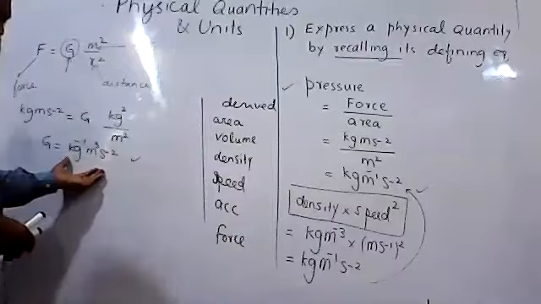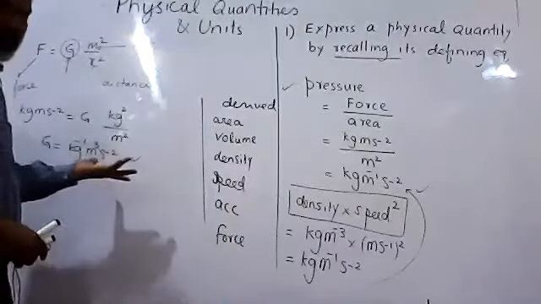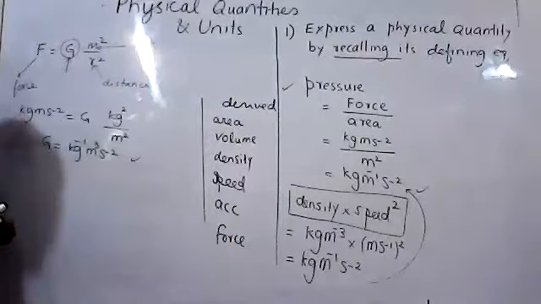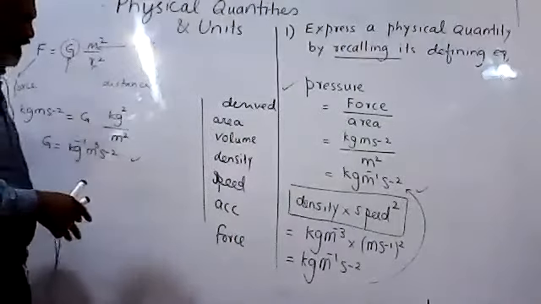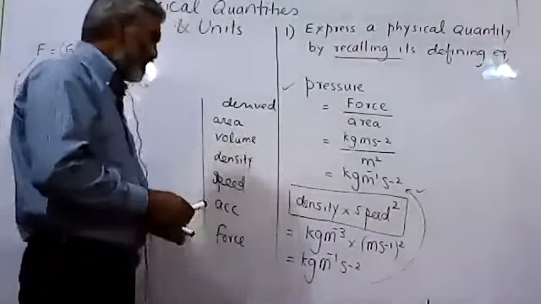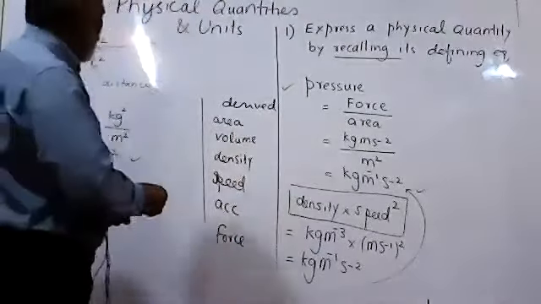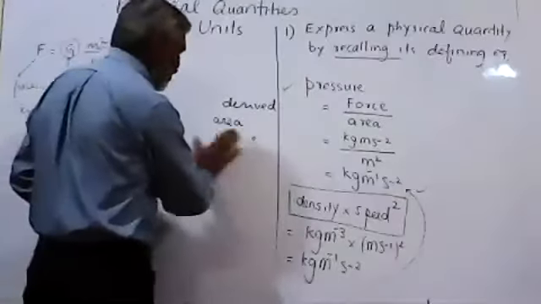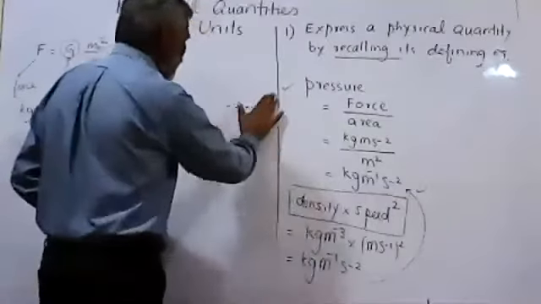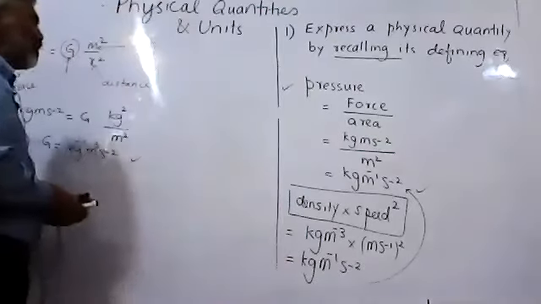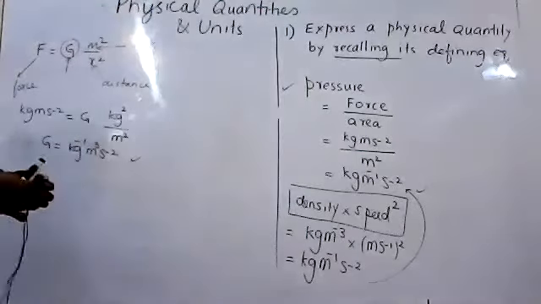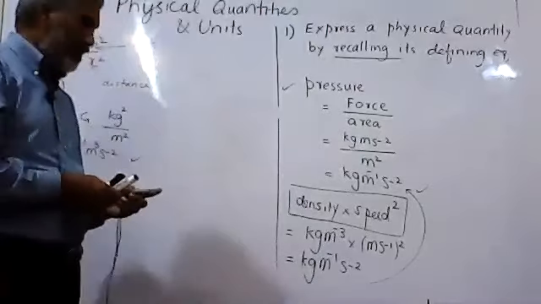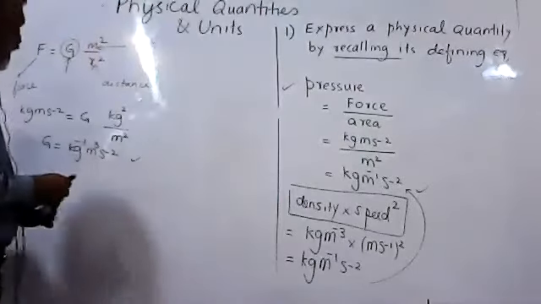So we don't know exactly what quantity it is, but the dimensions are considered correct as long as the mathematics of this equation is fine. So these are three important types of questions which appear in the exam related to this topic, which is expressing quantities in terms of base units.